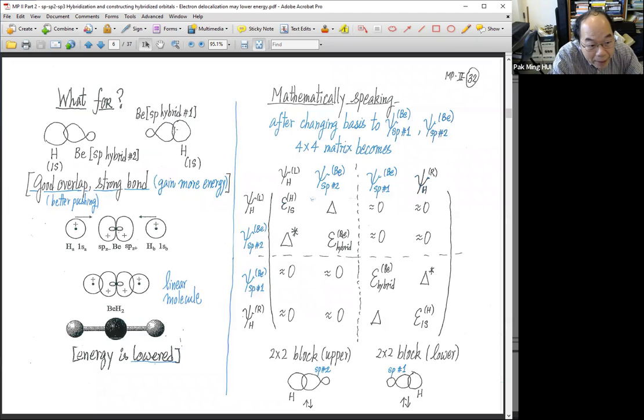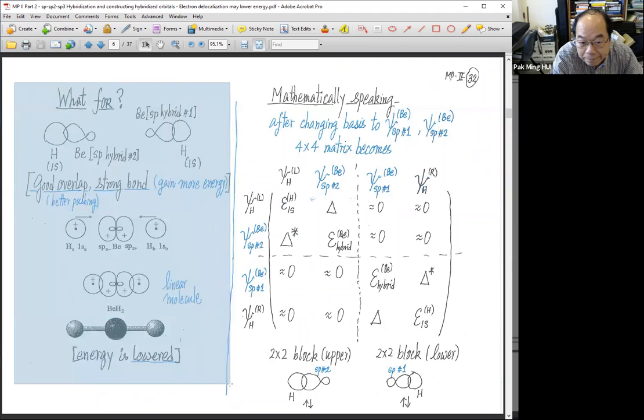So similarly, the same story on the left-hand side, therefore, they will form a good sigma bond with the hybridized orbital, and therefore you have a linear molecule and energy is actually lowered. So this is physically speaking.